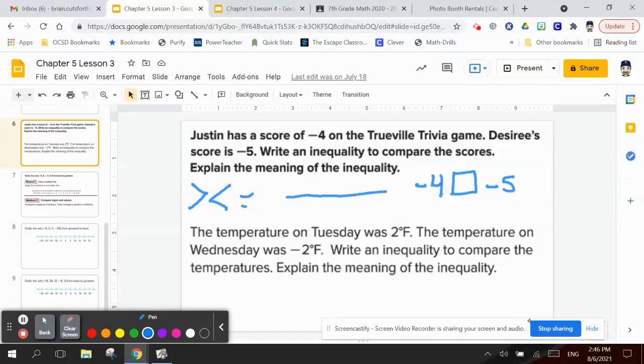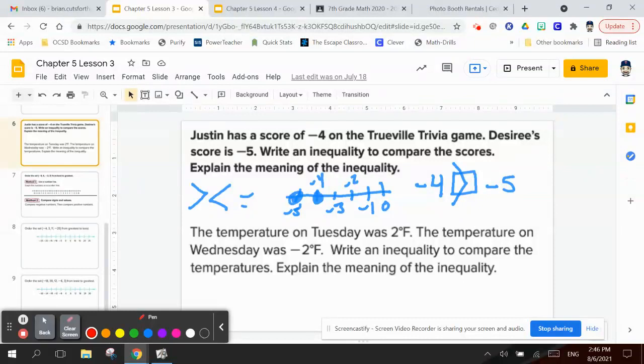So if I know my numbers, here's 0, -1, -2, -3, -4, and -5. Here's -4, here's -5. Which one's furthest to the right or closest to 0? That's -4. So -4 is greater than -5.